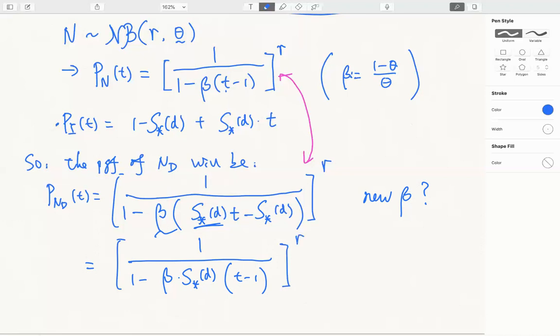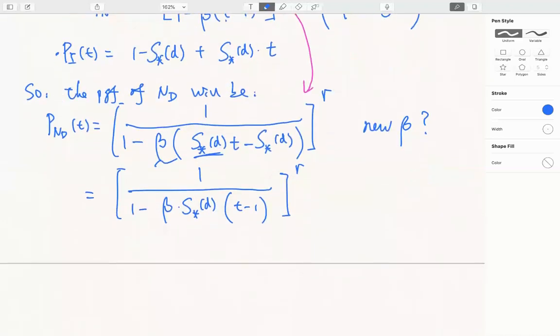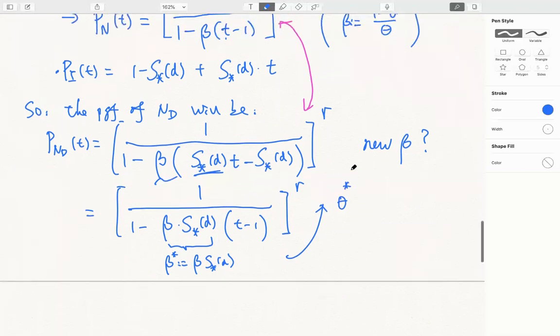So what would be the new beta? We immediately see this would be your new beta. If you want, you can put beta star to denote this, and from beta star we can go backwards to get the new theta star. That will be 1 divided by 1 plus beta star, which you can obviously calculate.